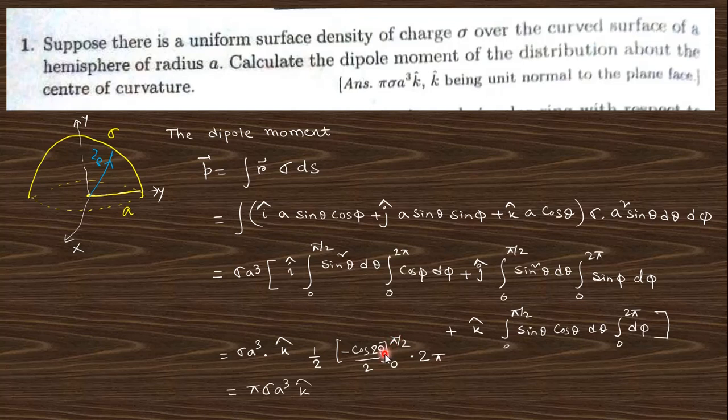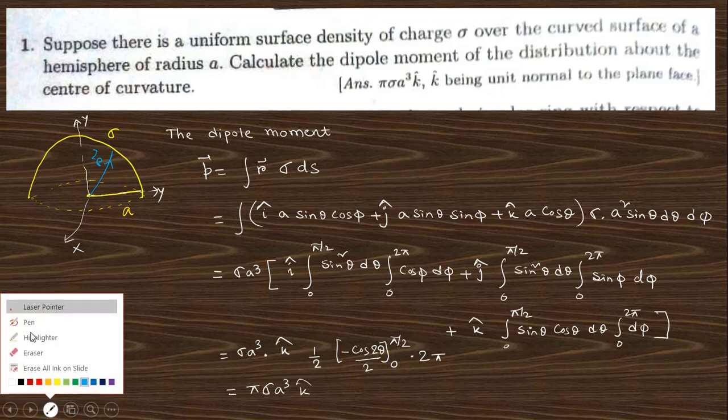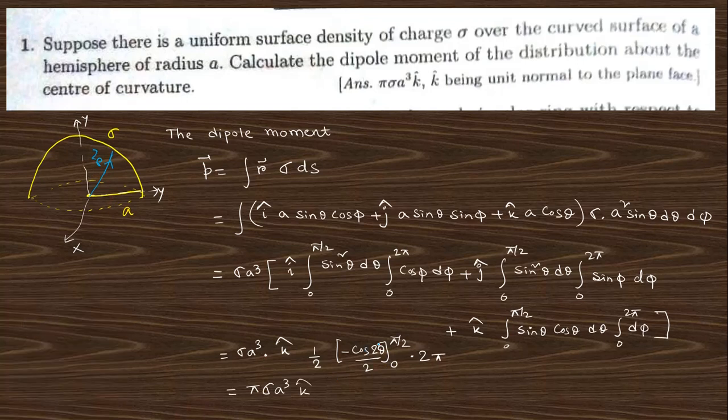The limit of theta is pi by 2, so we put that value. Cos pi is minus 1 and cos 0 is 1, so the 2 and the half cancel out. So finally you get this relation.